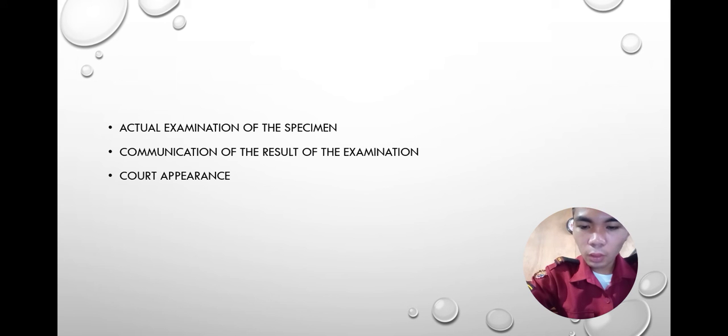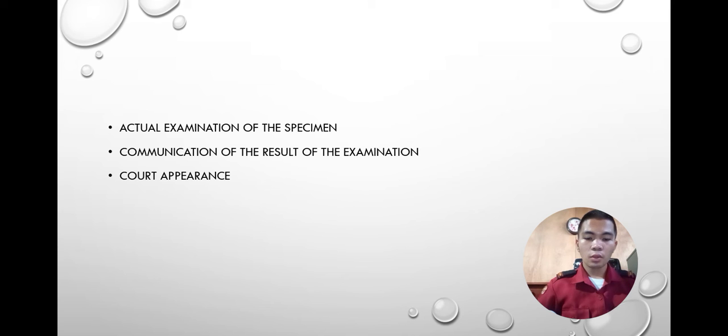Number 4 is to conduct gunpowder examination on clothing for possible gunshot range. So they also examine the gunpowder in order to know the range of the gunshot.